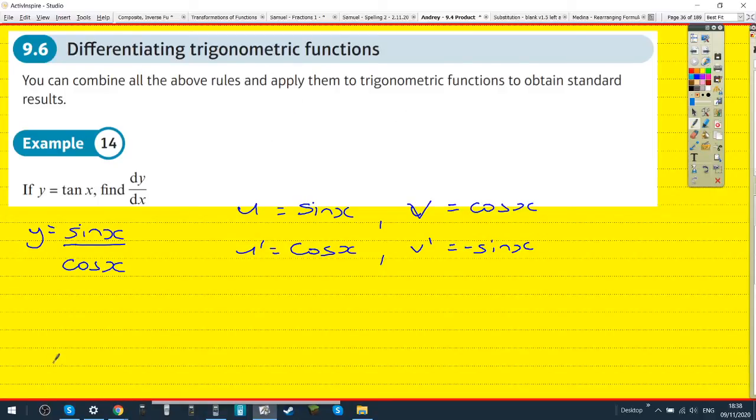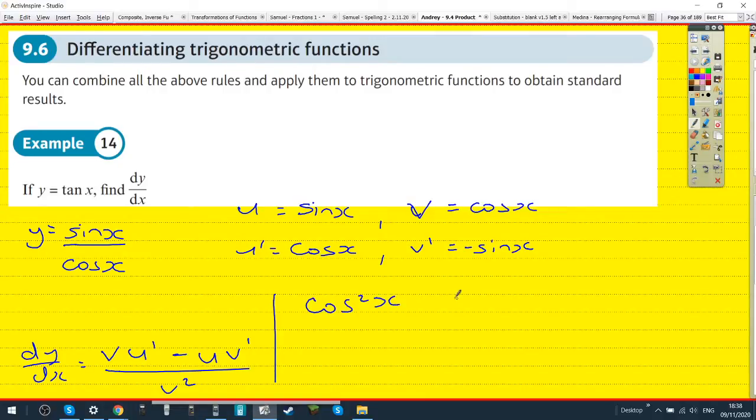So cos x times cos x, cos squared x, minus minus sine x squared? Mm-hmm. Or you can just plus sine squared x.